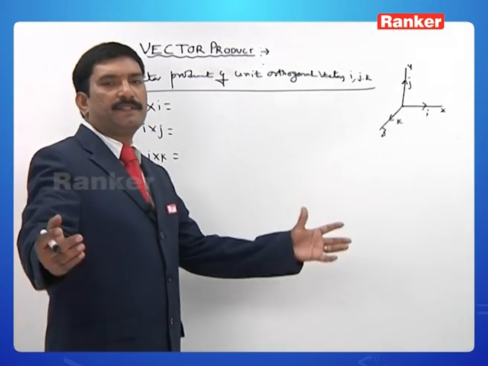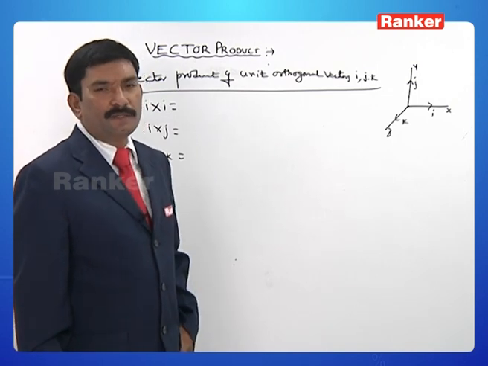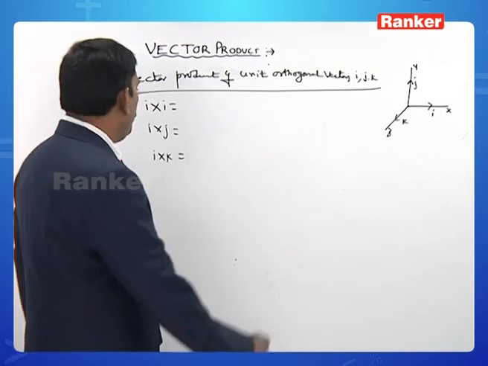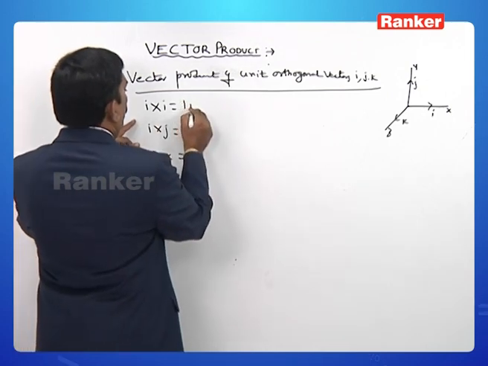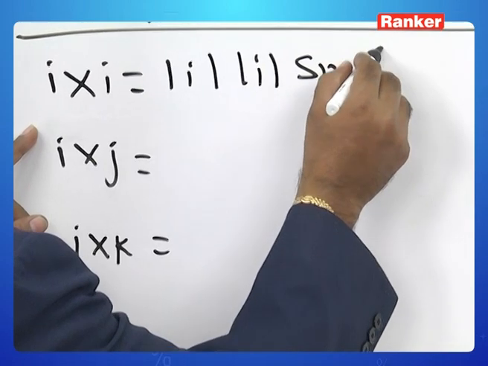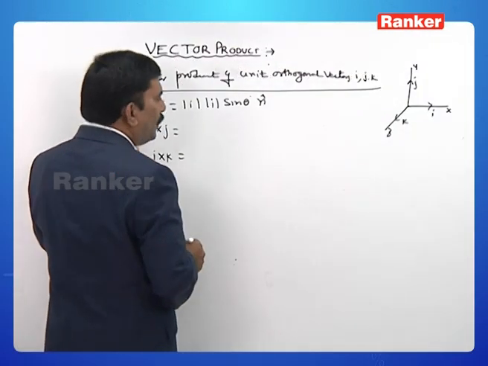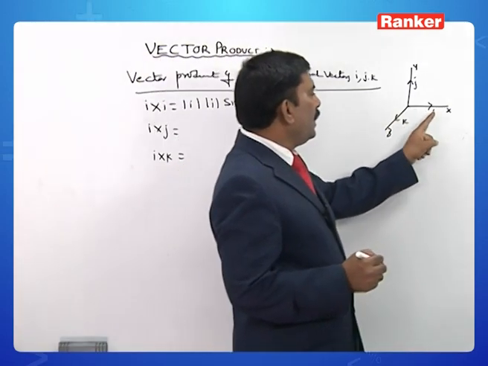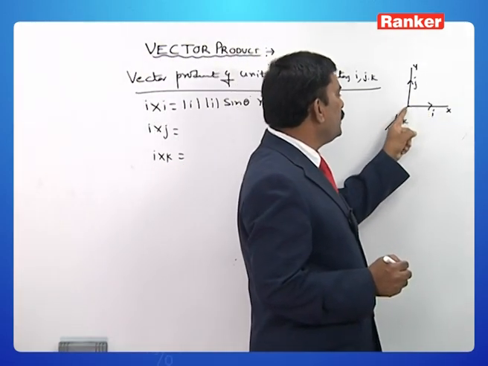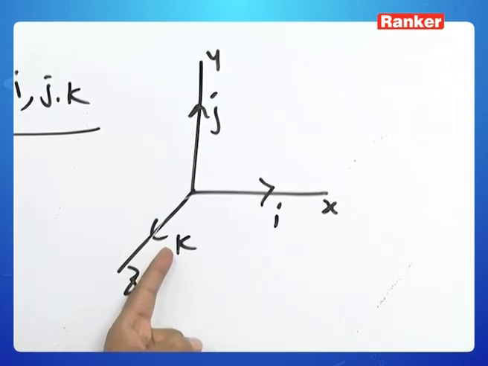Let us take the x axis denoted with i, y axis with j, z axis with k. So therefore, i cross i is mod i into mod i into sine 0 degrees into n cap. Now, i cross j is generated along k cap. k cap is also a unit vector.